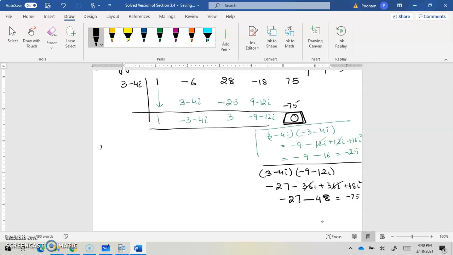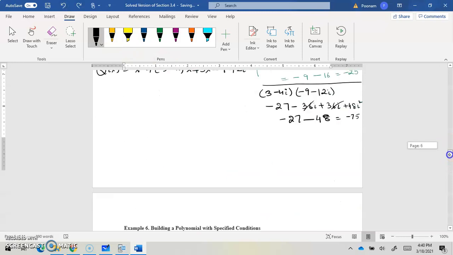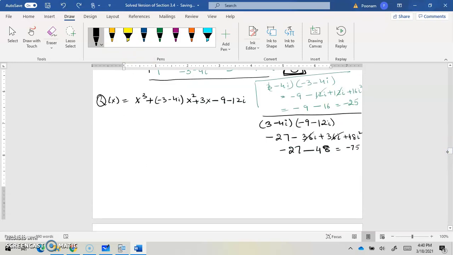So we can say the quotient is this, with the degree of 3. So x cube plus negative 3 minus 4 iota x square plus 3x and this. Also, we know that 3 plus 4 iota is also a zero, right? So that means we should divide the quotient by that factor. So let's try 3 plus 4 iota.